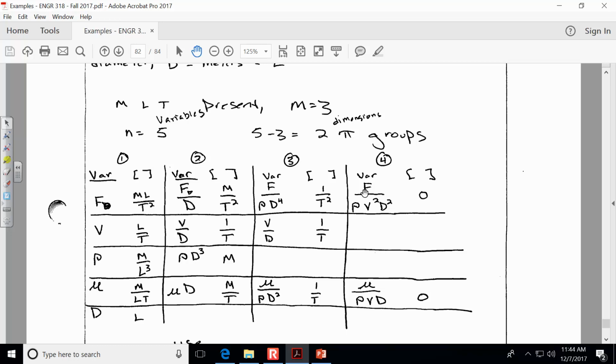And so here in the second grouping, I'm going to have the variables and the units. Now, in the second step, I'm going to use D to cancel out any place the length is found. How do I combine F and D to get the length units to cancel out of F? If I have F divided by D, then the resulting combination of units is just mass divided by time squared.